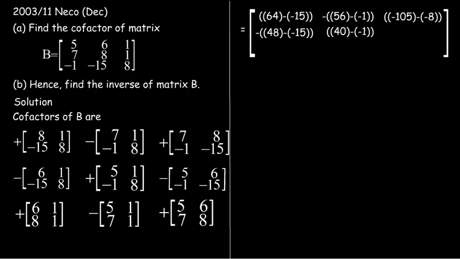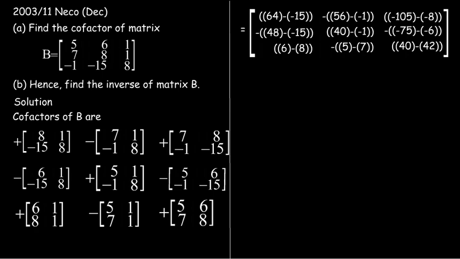Our next element will be minus (minus 75 minus minus 6). The next element will be (6 minus 3) minus (5 minus 7). Then our last element will be (40) minus (42).